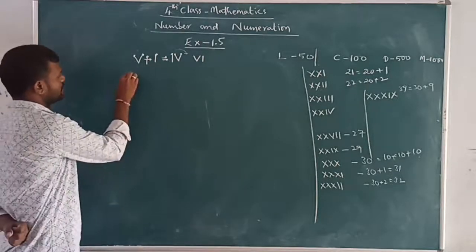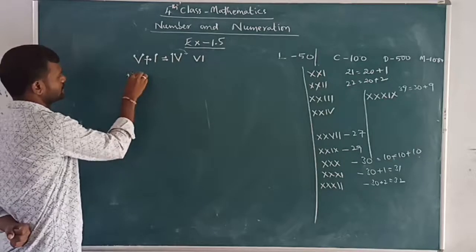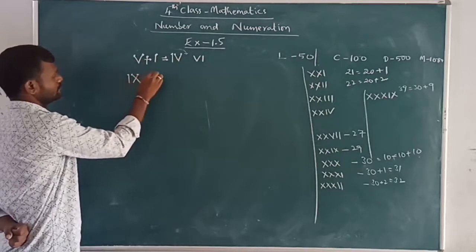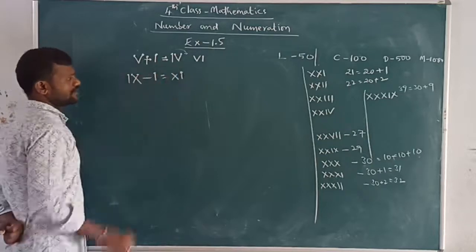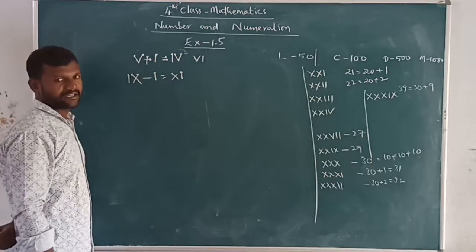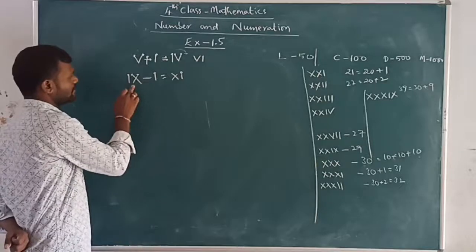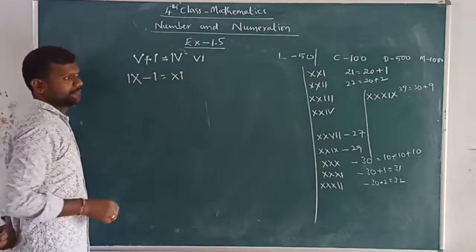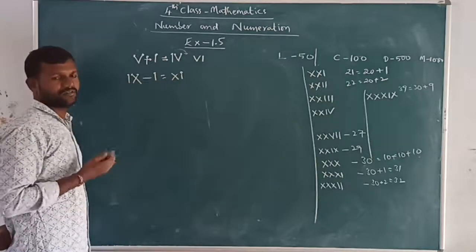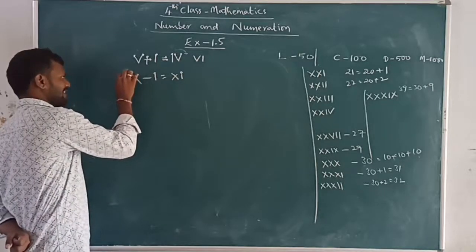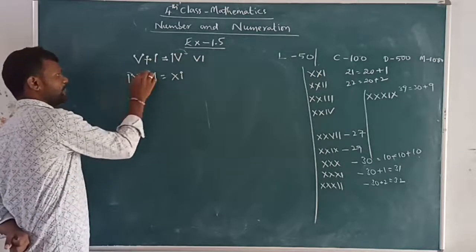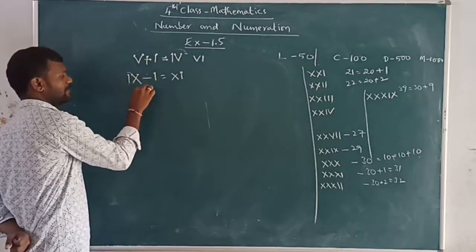Next, another one is also there. You have this one. How can we correct it? It is 9 minus 1, but it is 11. So 9 minus 1 is 11. How will we get it? If you take this matchstick out and keep it here, then what will it become?